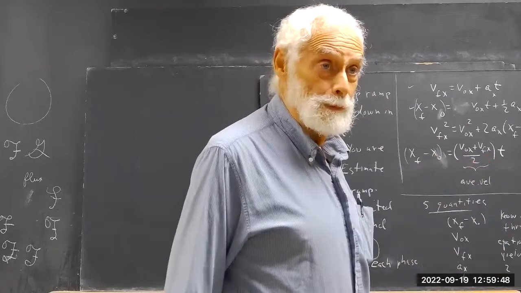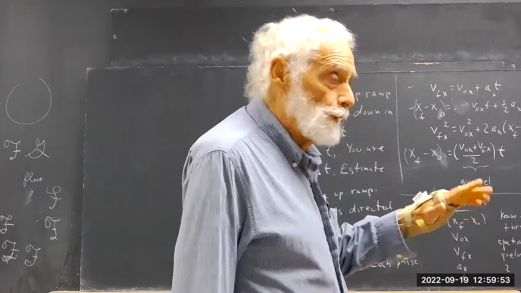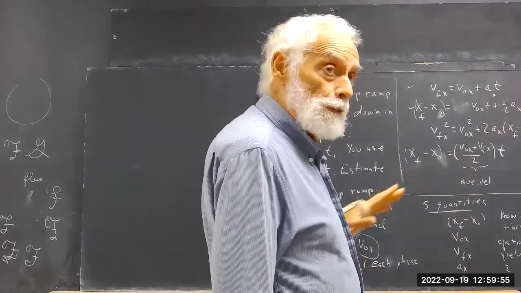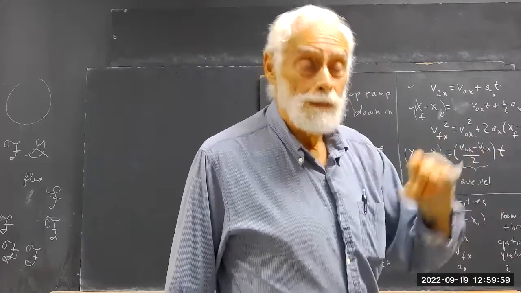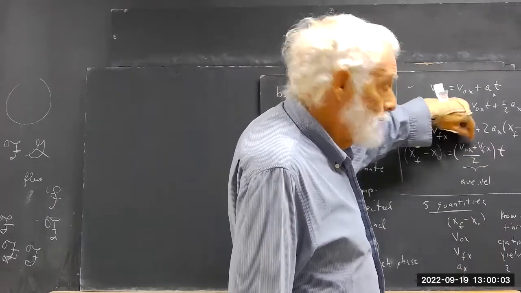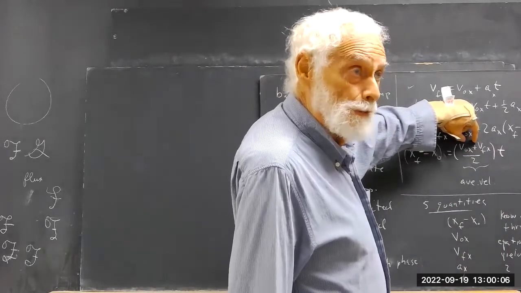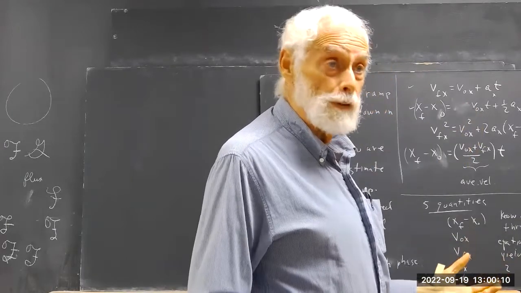This one is very simple. If you understand that if acceleration is constant, the velocity graph is going to be linear, and the average value of a linear function between 2 points is the average of the two, the initial and the final values. And you're just averaging the initial and final velocities to get the average velocity.